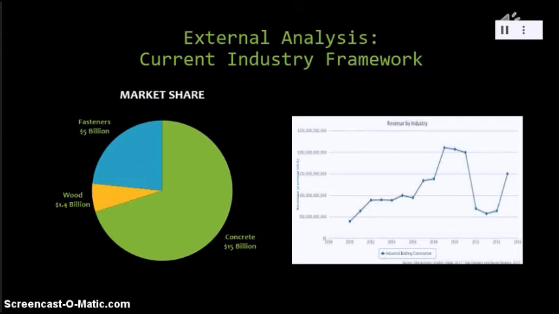Fasteners contributed $5 billion of market share within the industry. Simpson's market share of that is $500 million, or 10%. The wood construction industry contributes $1.4 billion of the market share, in which Simpson Manufacturing's market share is 100%.